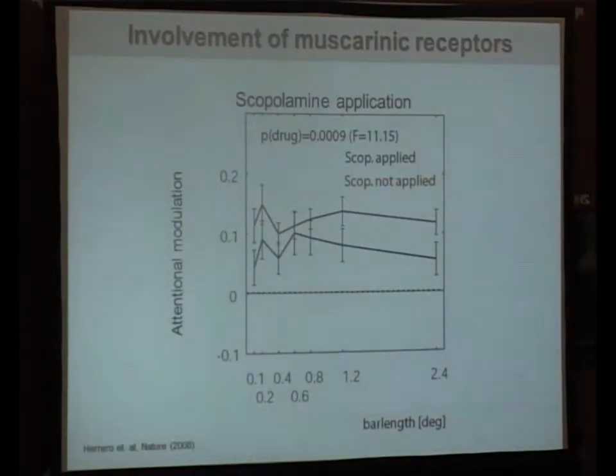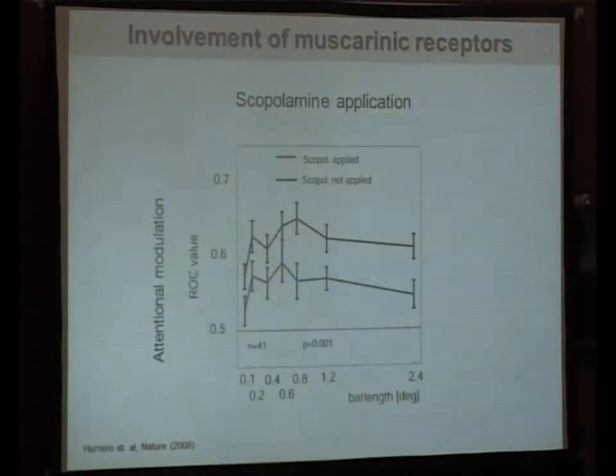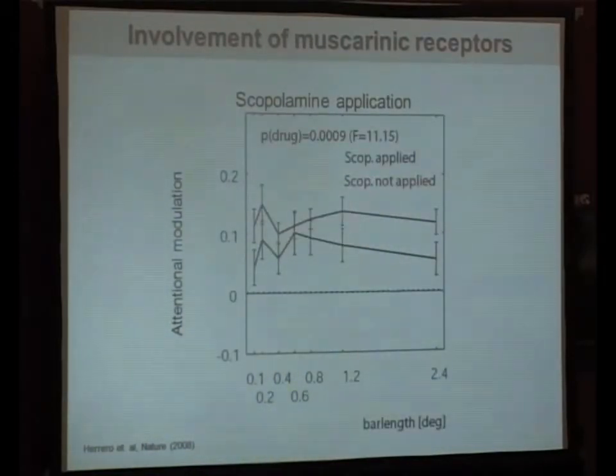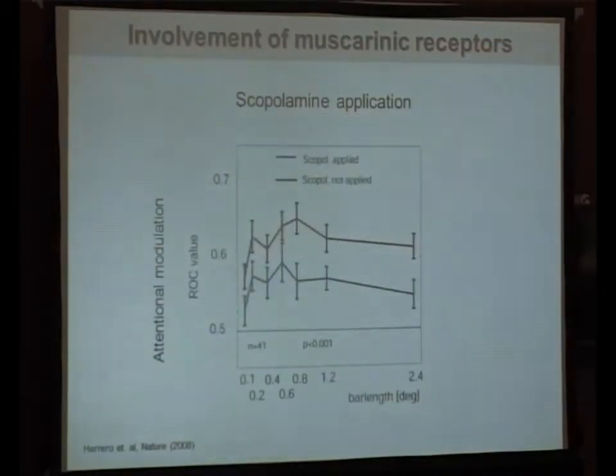In this study, we were also interested in what receptors are actually involved in this modulation. So we looked at what happens when we block muscarinic receptors, and we found that blocking muscarinic receptors reduced the attentional modulation significantly. It significantly reduced the ROC values that we recorded.